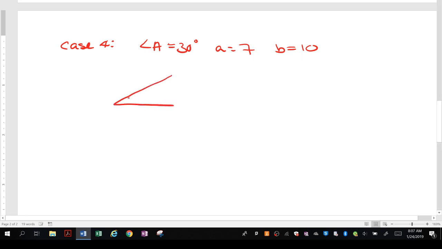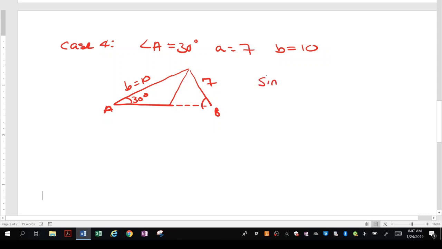So here is our 30-degree angle. This is A. Now, when we go to draw, here B is 10. When we go to draw side A, notice here that I could draw this either like that or like that. And this would be the same length. So this is a length of 7. Now, if I draw it here, I'm going to call this B and find this angle here. Let's take a look at what that would be.